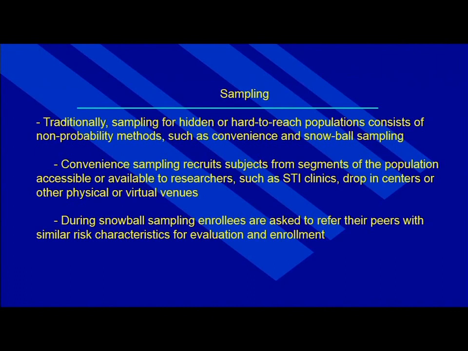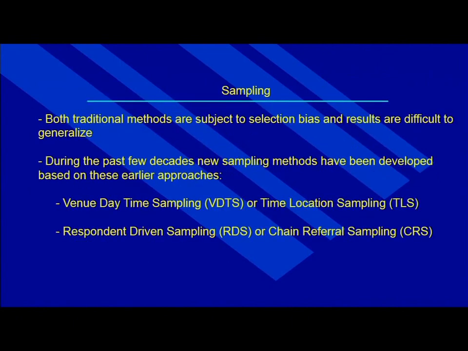During snowball sampling, we ask people to refer their peers with similar risk characteristics for evaluation and enrollment in our studies. But both these traditional methods are subject to selection bias, and we already heard about that, and results are difficult to generalize to the population.